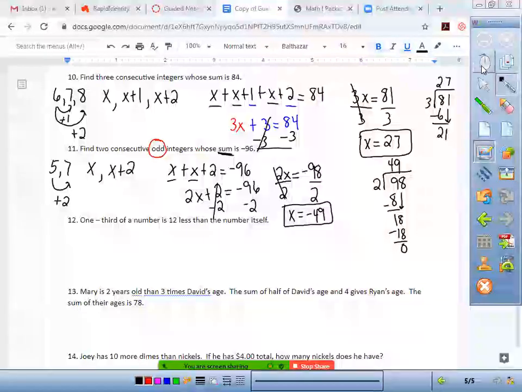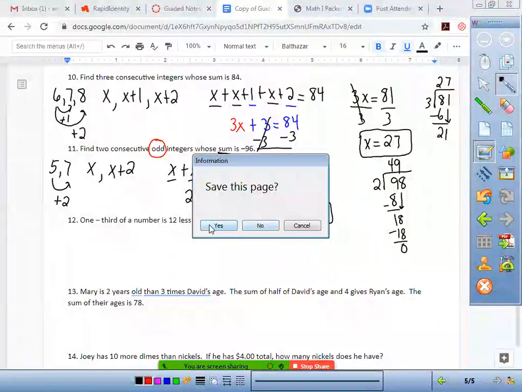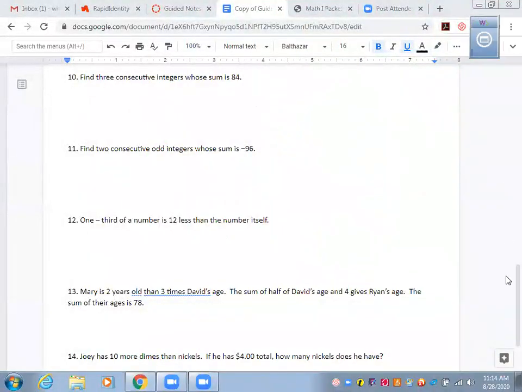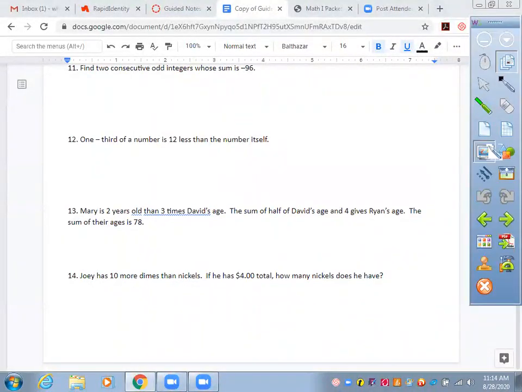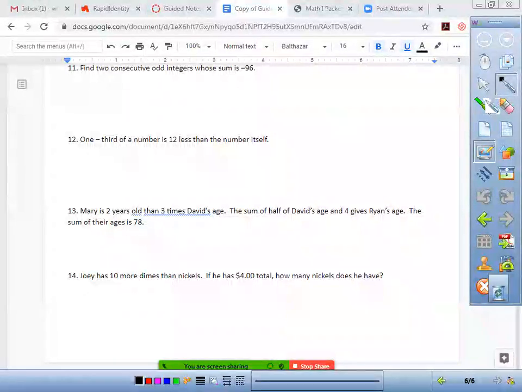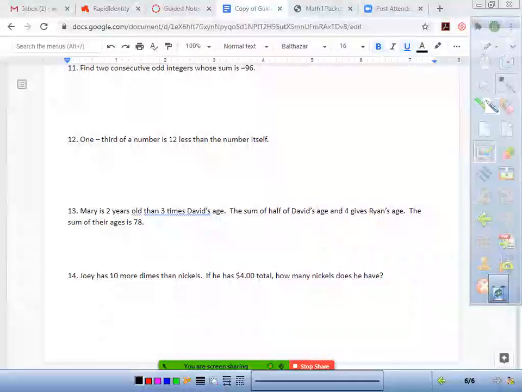Okay, last one we're going to do is number 13 here. And I'm going to scroll my page up some. There we go. All right, Mary is 2 years older than 3 times David's age. I'm going to use an M for Mary and a D for David. Makes sense, right?